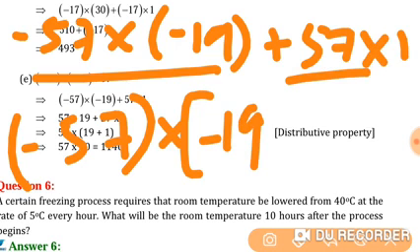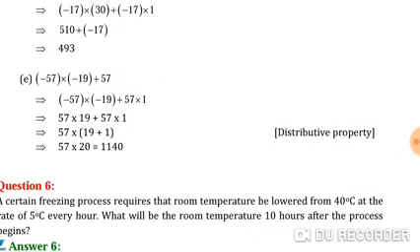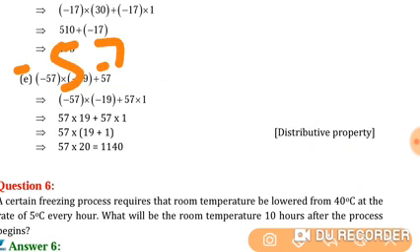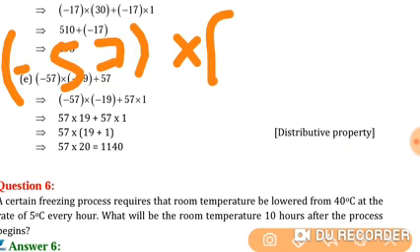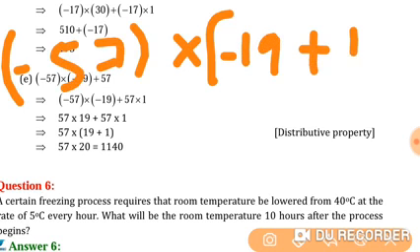They are not mentioned in the question; we have to understand that. So minus 57 into minus 19 plus 1, because 57 into 1 is 57.